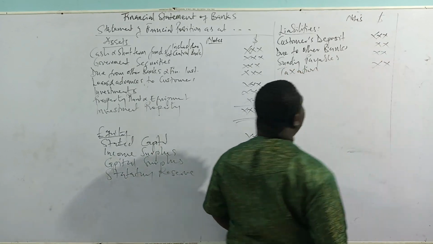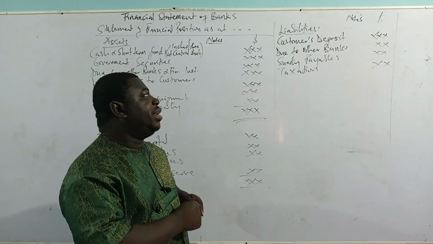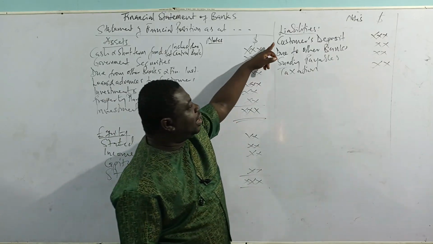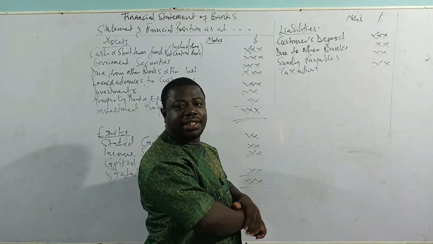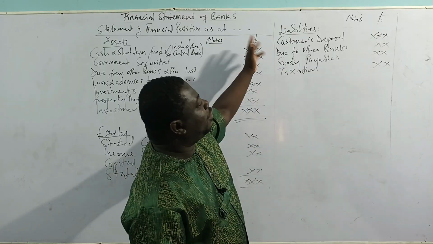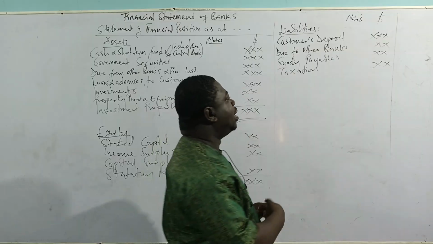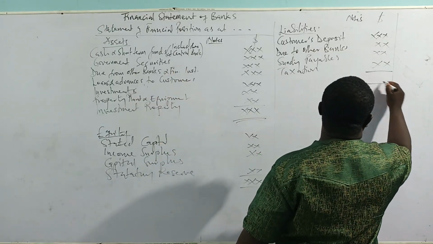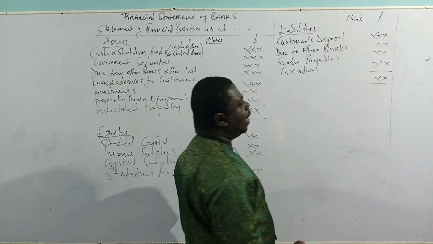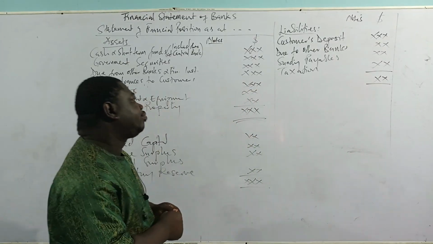So let's assume these are the four key liabilities that the bank may have: customers' deposit, due to other banks, sundry payables, and then taxation liability. And here I have not arranged it in any particular order. The most important thing is to look at the order for the assets. So now we have our total liabilities here.